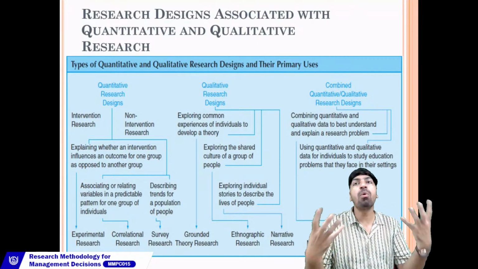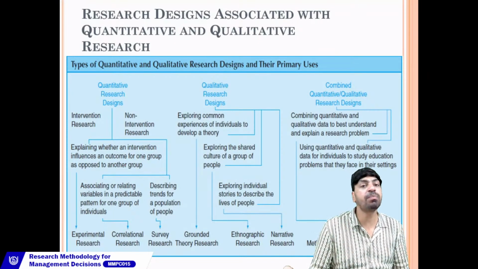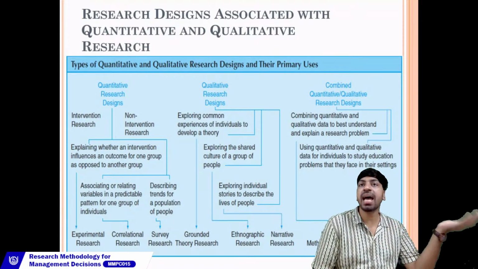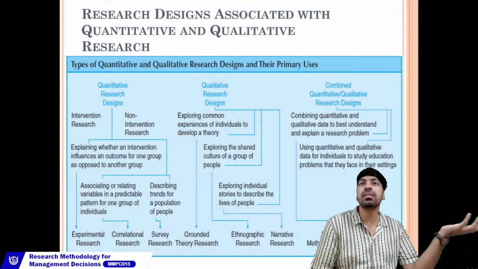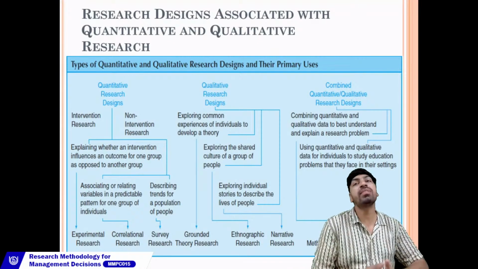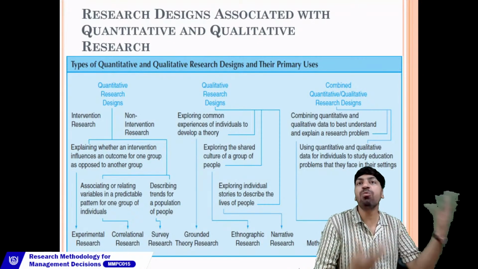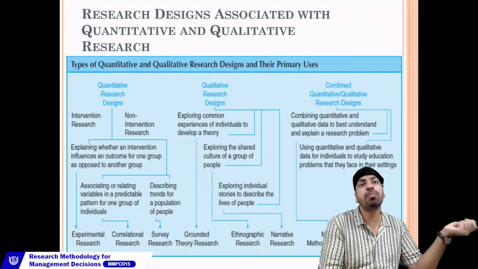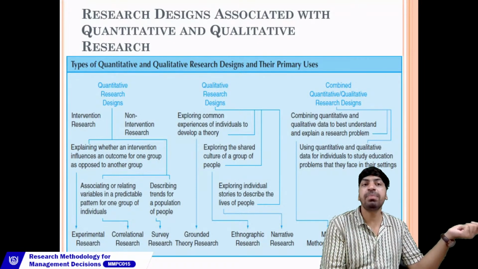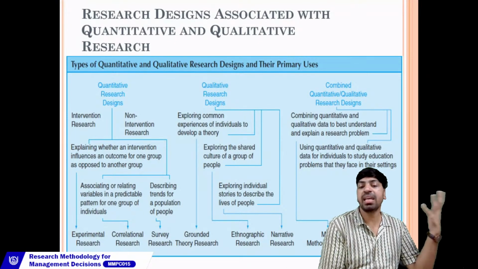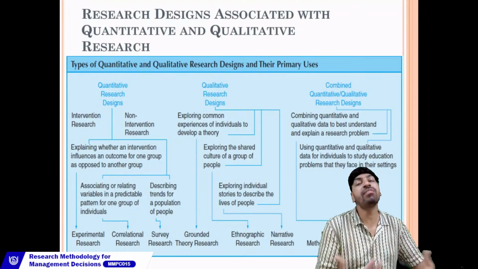Because you will explore the culture of a group of people in different countries. So if an Indian stays or resides in Germany or in London, then I have to understand or explore the culture of the group of people with whom I reside. And that research design, if I'm researching the culture of a group of people while residing in another country, that is London or Germany, is called ethnographic research.